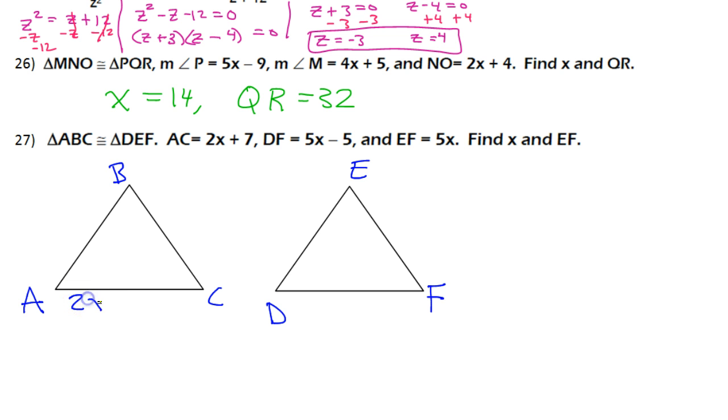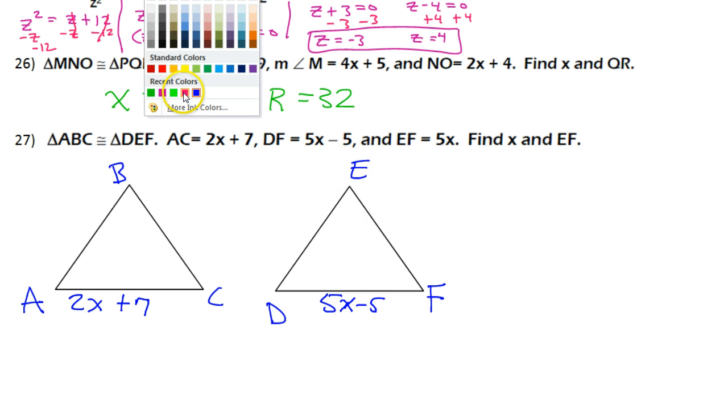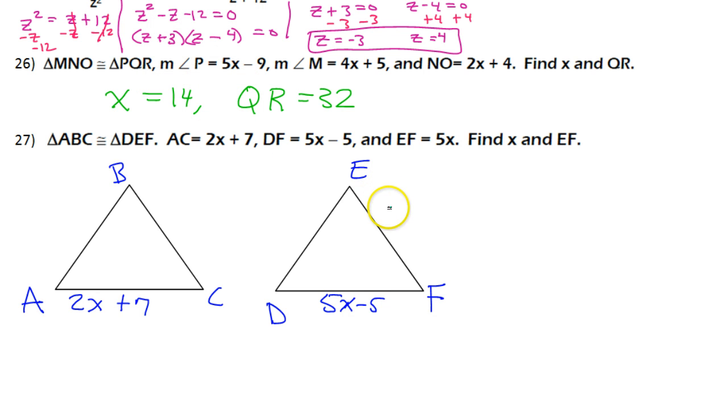So that's going to be 2x plus 7. DF is 5x minus 5. That means this will be 5x minus 5. And EF is 5x. Okay, I'm going to switch colors on that one. So EF is 5x. We're supposed to find x and then find EF.